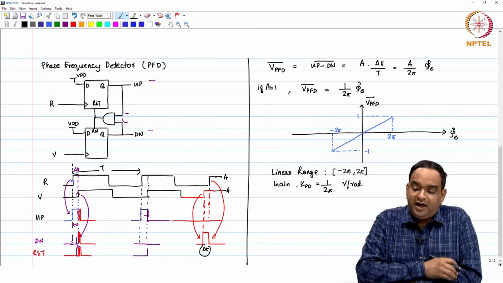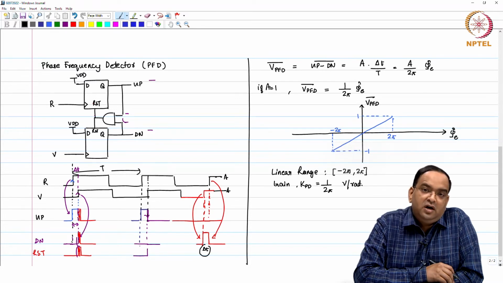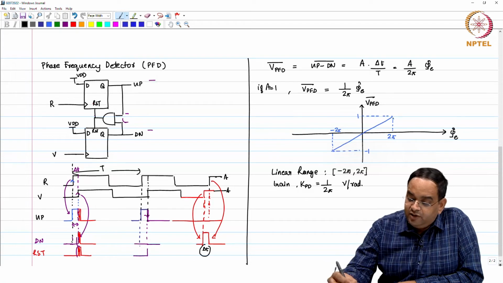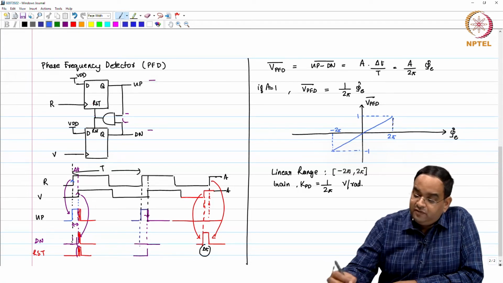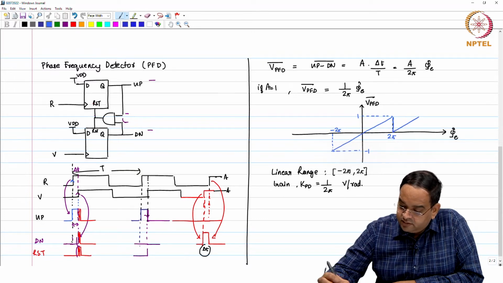Right. Now, what happens when the phase error is more than 2 pi with respect to your reference clock? If the phase error is greater than 2 pi, you will find that it will always go like this.